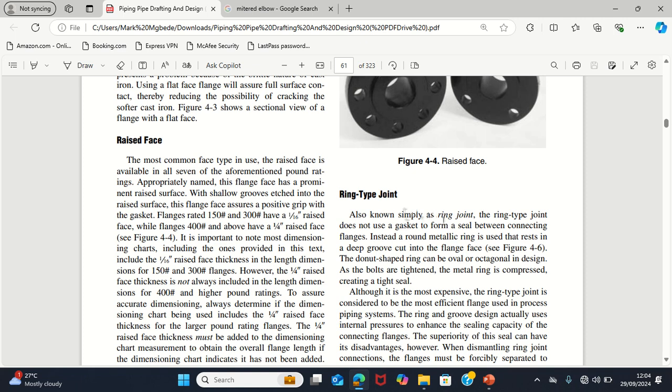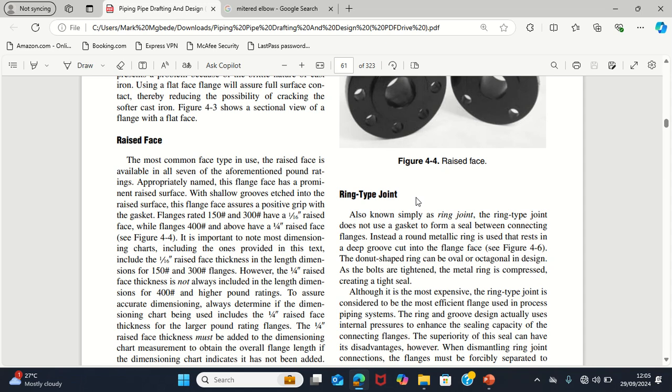The ring type joint connection, as the name implies, has a ring that is engraved on both of the flanges. This connection is actually very, very strong. But the problem is that the metallic ring used to create a tight seal between the two flanges is subject to much compressive force in order to seal that flange to flange connection.